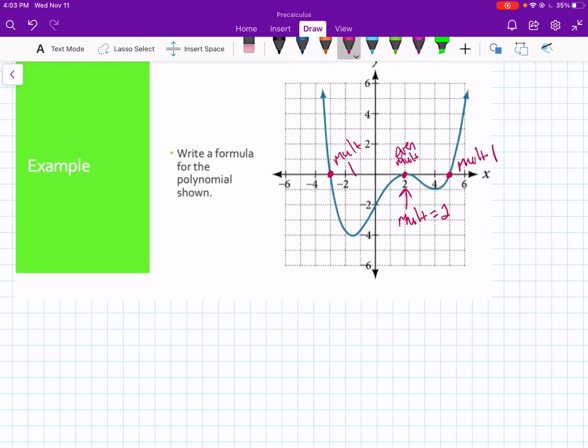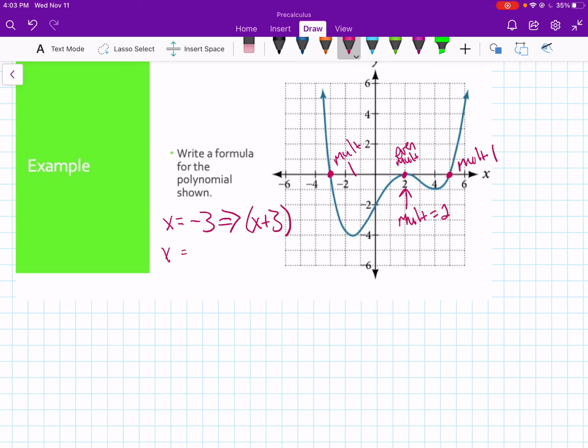So I know that one of my zeros is x equals -3. I want to think backwards: what did I set equal to 0 to get that x equals -3? That leads me to the factor x plus 3.